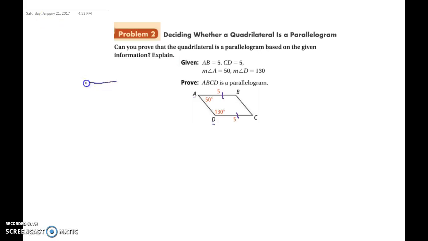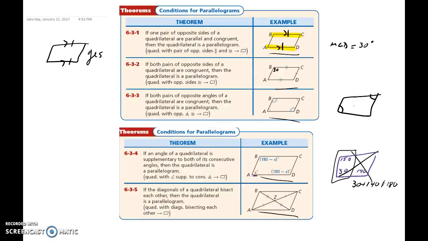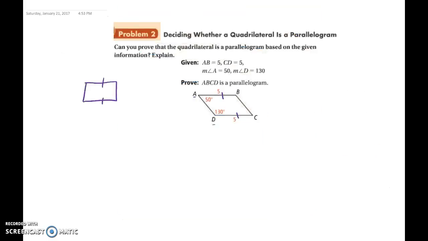The only way we can prove a quadrilateral is a parallelogram with only one set of congruent sides is if those sides are both congruent and parallel. So our goal here is, can we prove that these two sides are parallel? Well, when we highlight these two sides here in red, that we know are congruent, and then I highlight this segment here, we can call that blue line our transversal.